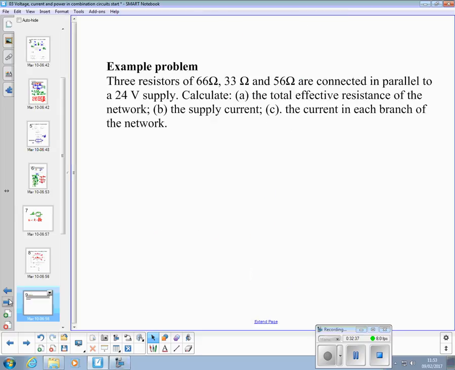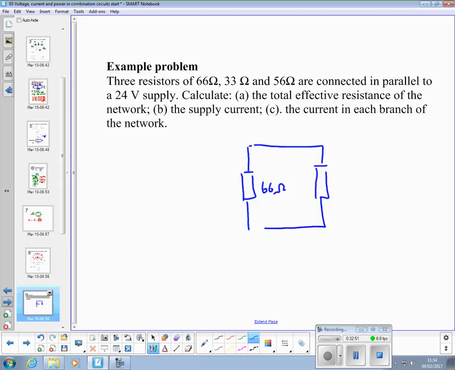So, example problem. Three resistors of 66 ohms, 33 ohms, and 56 ohms are connected in parallel to a 24 volt supply.